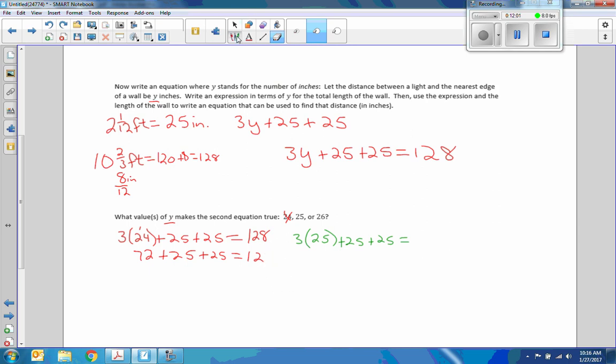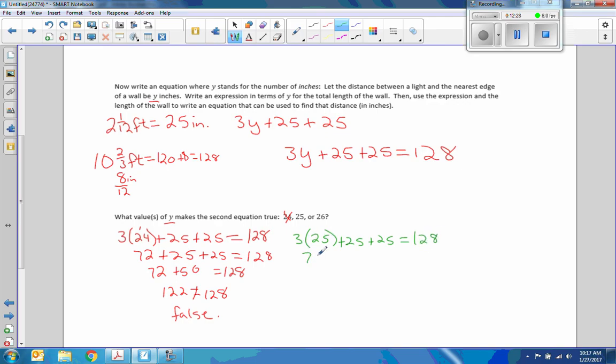This is the way you should be doing it as well. So 72 plus 25 plus 25 equals 128. 72 plus 50 equals 128. And then finally 122 equals 128. And it obviously does not, so that is false. And that's the way I should be showing my work. My apologies for that.